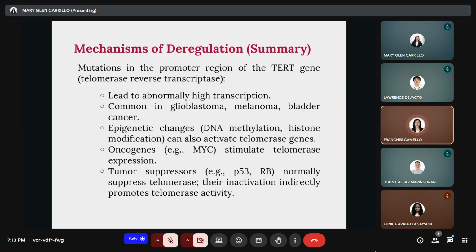Epigenetic changes, specifically DNA methylation and histone modification, can also activate telomerase genes. Oncogenes, specifically MYC, stimulate telomerase expression, and tumor suppressors, specifically P53 and RB, normally suppress telomerase, and their inactivation indirectly promotes telomerase activity. Next slide, please.